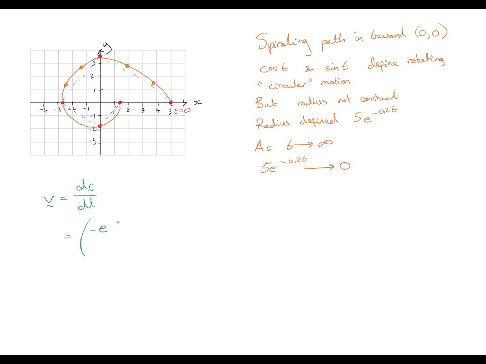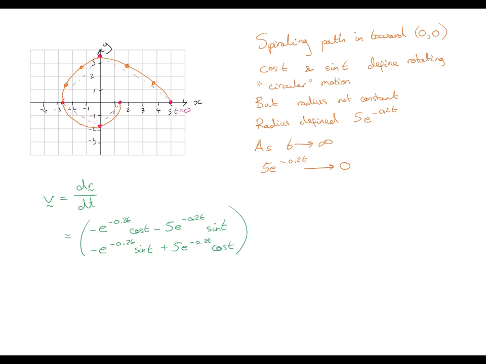You will get minus e to the minus 0.2t cos t minus 5e to the minus 0.2t sin t, and minus e to the minus 0.2t sin t plus 5e to the minus 0.2t cos t.